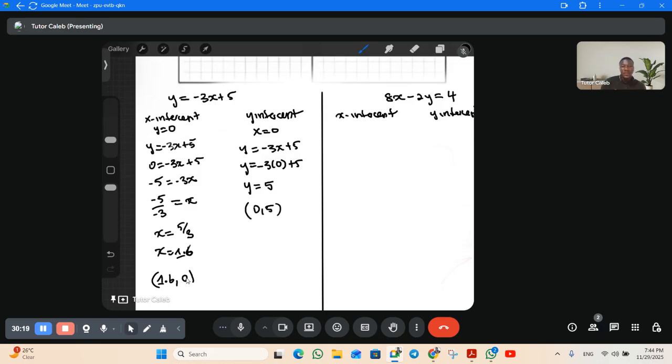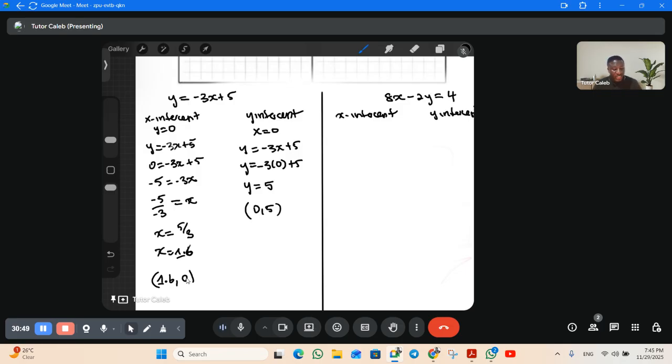Now, I would like to say something about the x-intercept that we just obtained. You may see that we had a value of 1.6 and 0. It is possible to find another point other than that intercept such that you don't have to work with decimals or fractions.